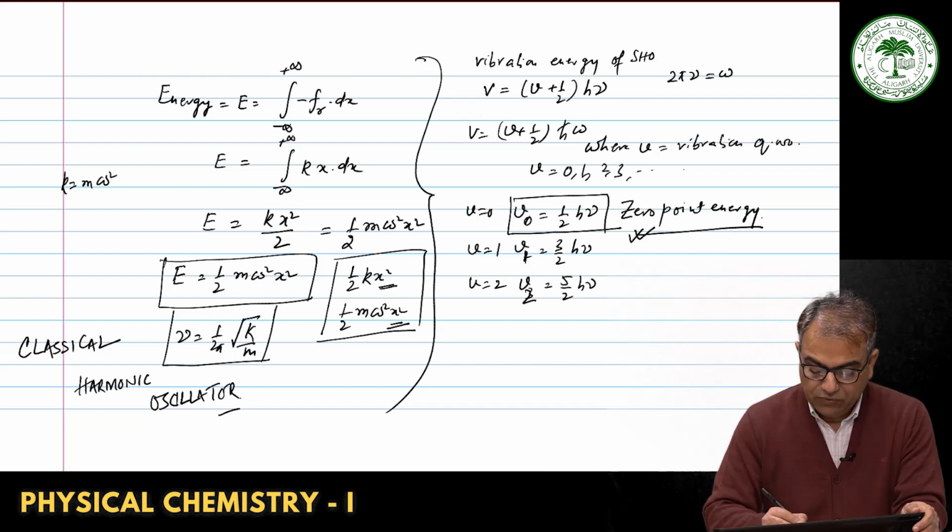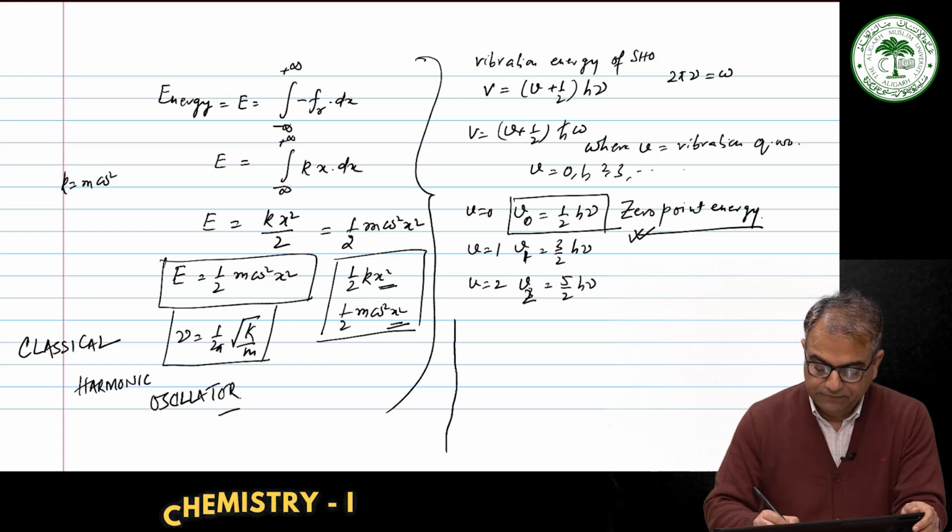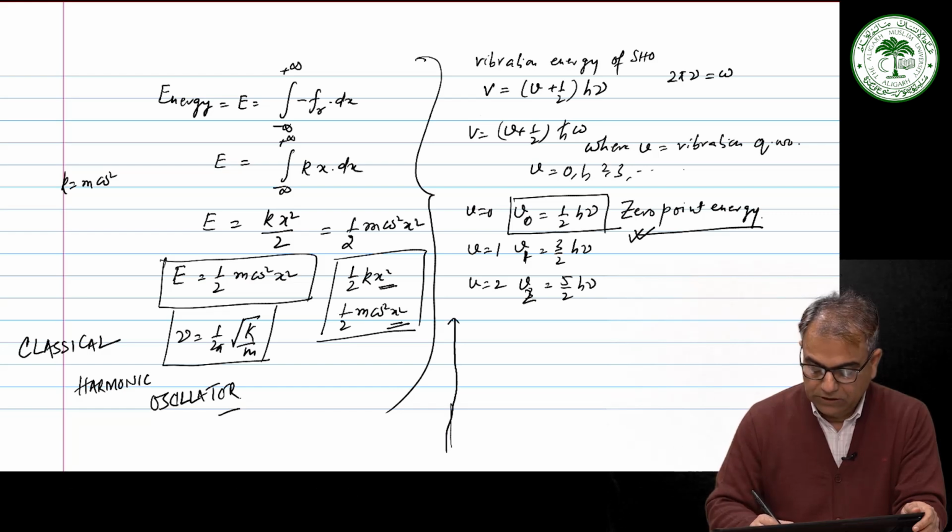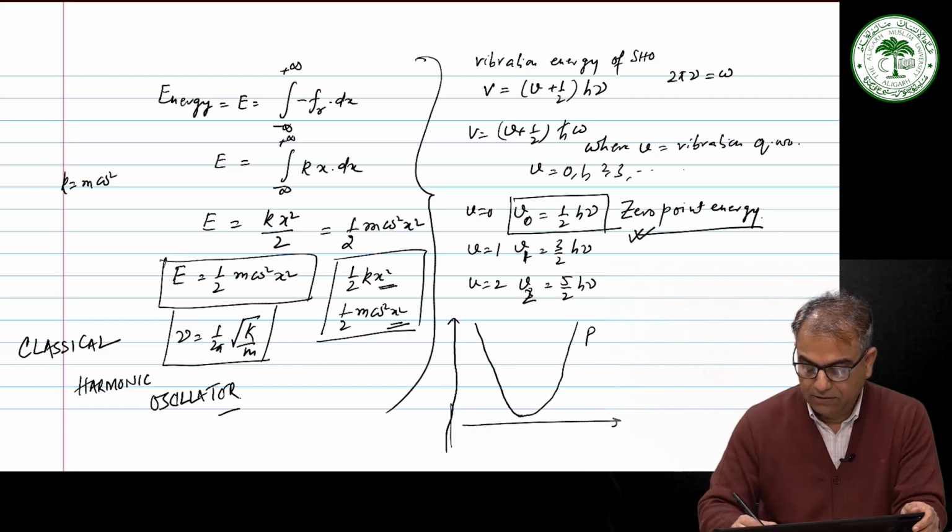Now, if you look at this equation, 1 by 2 k x square or 1 by 2 m omega square x square, and you plot a graph of energy versus displacement, what you get is a parabolic potential.